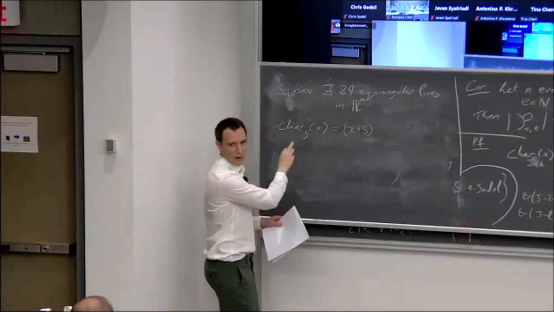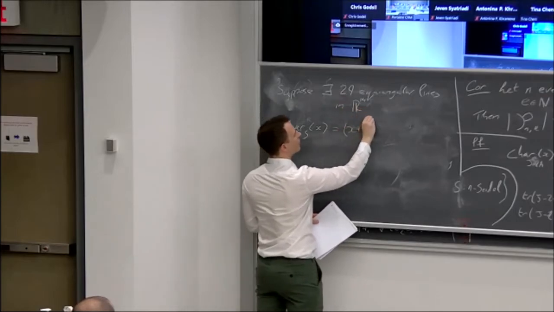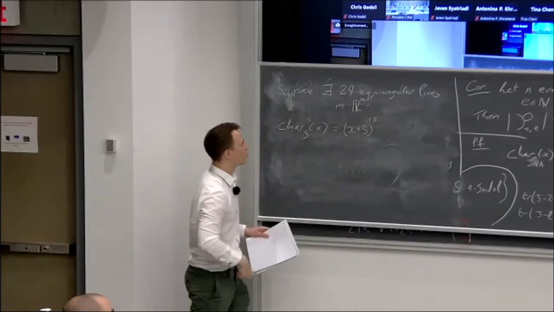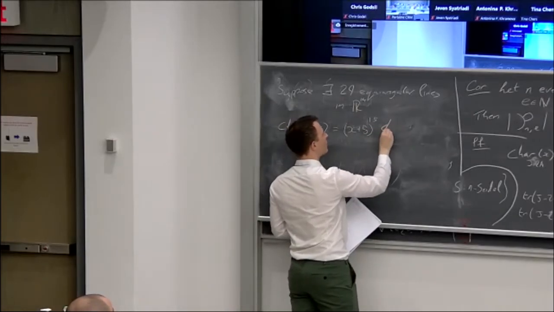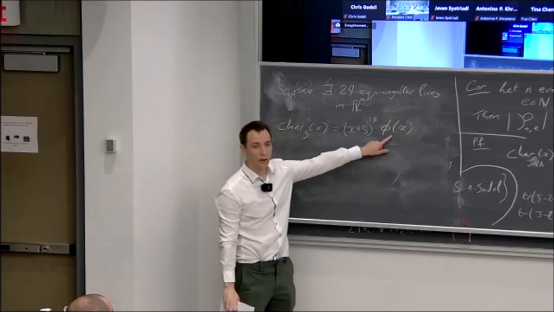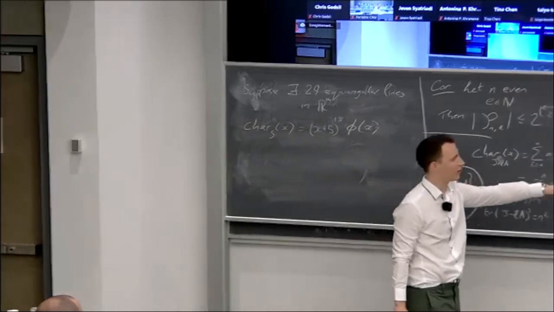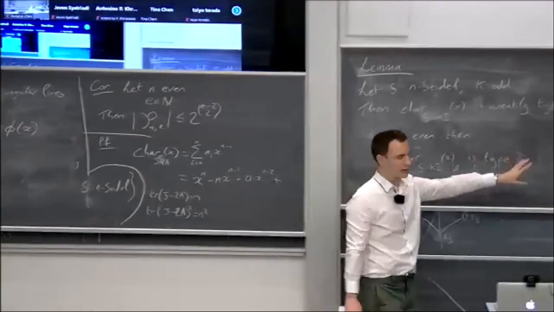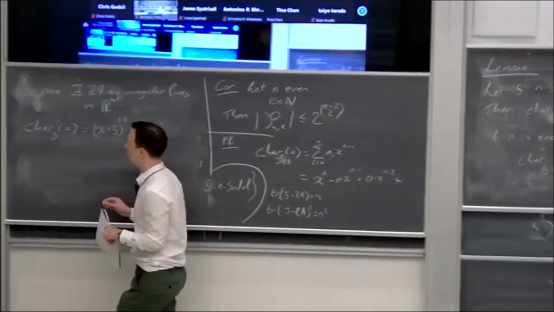And so the characteristic polynomial has to have this factor; with 29 lines in dimension 14, the multiplicity is 15. The remaining factors of this polynomial, let's just call that phi. We want to know what are the possibilities for phi. This is why we're doing all of this stuff about restrictions for characteristic polynomials of Seidel matrices.